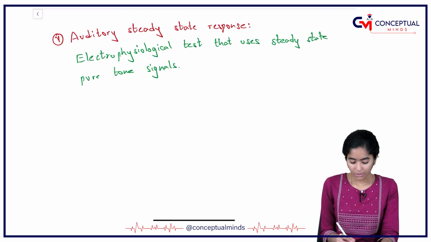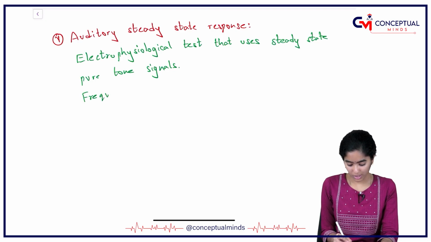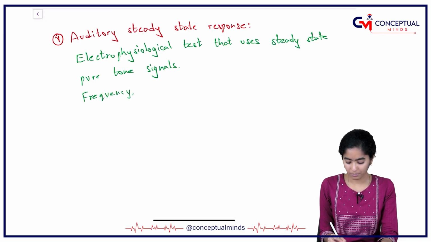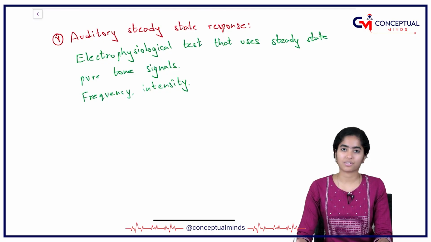And here also frequency and amplitude can be changed. Intensity of sounds can be changed. And this gives a frequency specific audiogram.